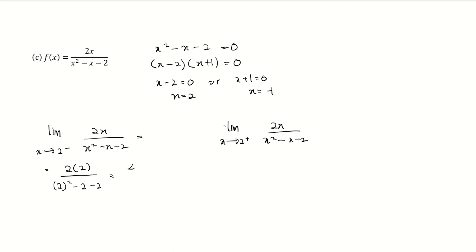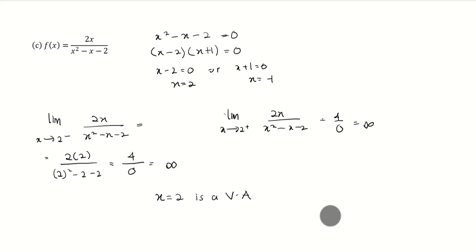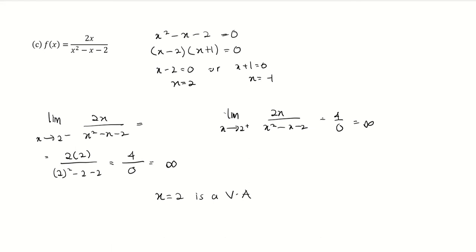This equals 4 over 0, which is infinity. The same here from the other side: if we substitute directly, we get 4 over 0, which is also infinity. So that means x equals 2 is a vertical asymptote. That is for our first value of a, which is 2.